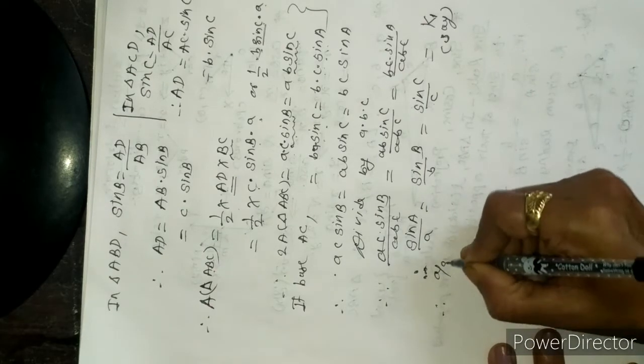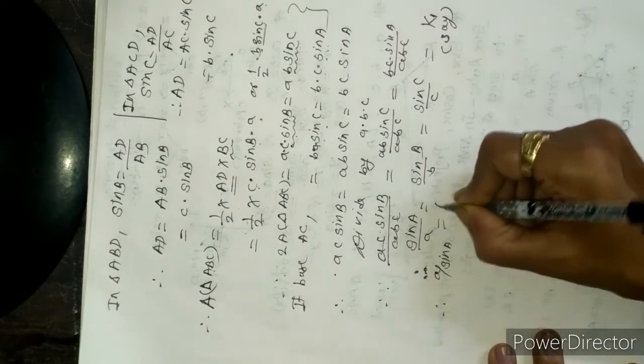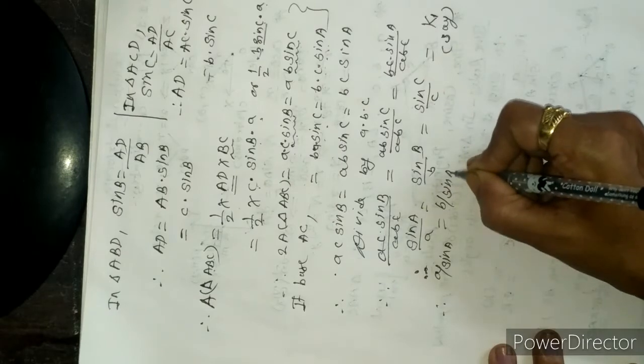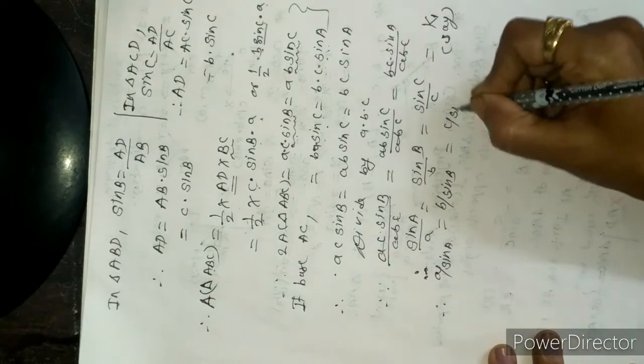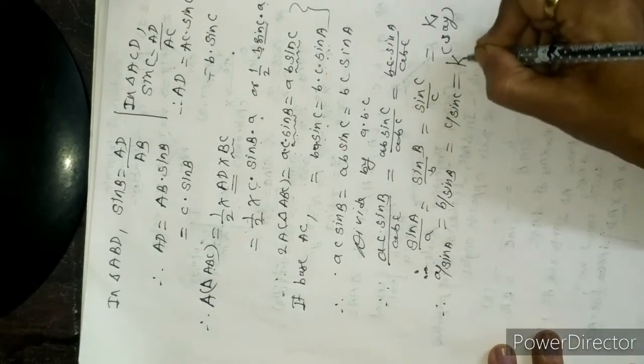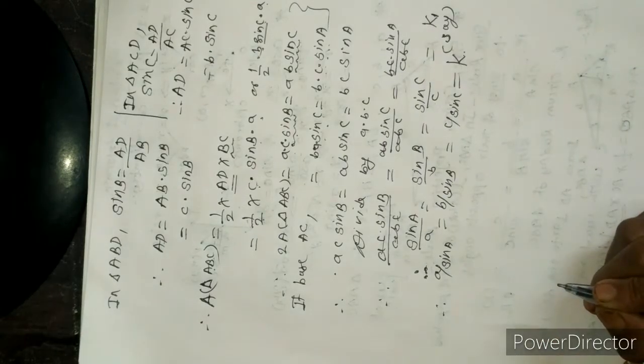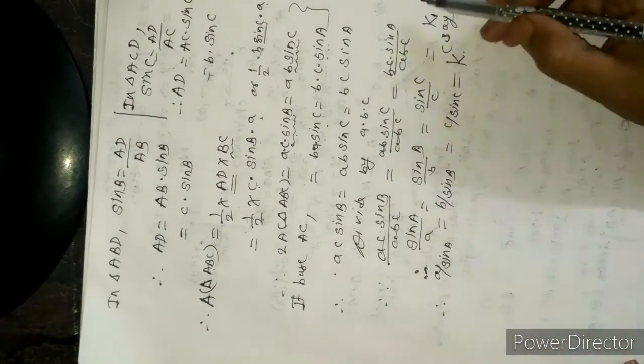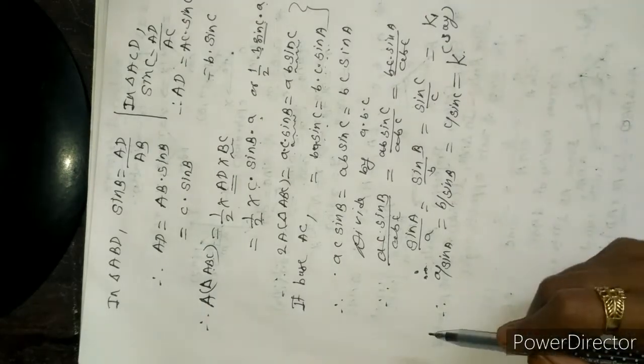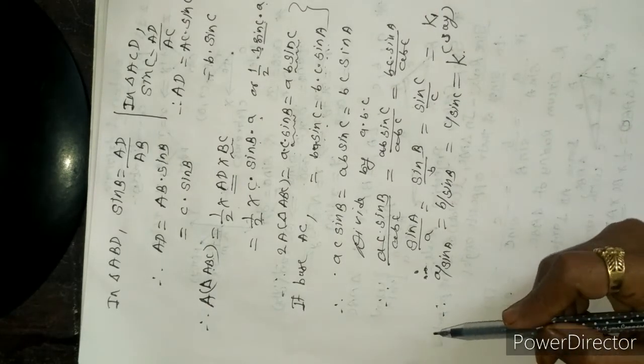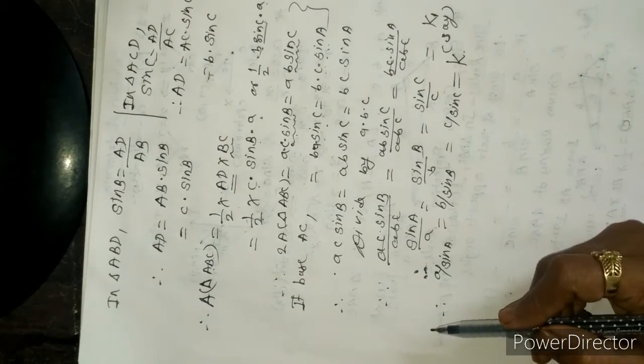So we get a upon sine A is equal to b upon sine B is equal to c upon sine C, again some constant K. If you take the constant as K1, then 1 upon K1 is equal to K. So this is nothing but the proof of the sine rule.